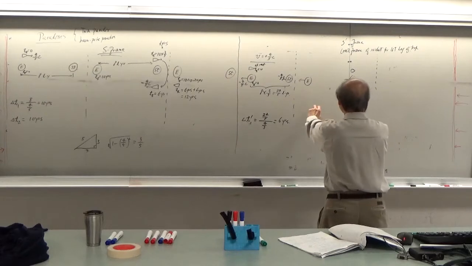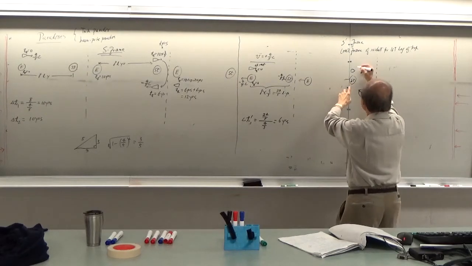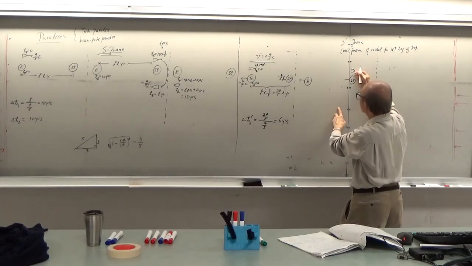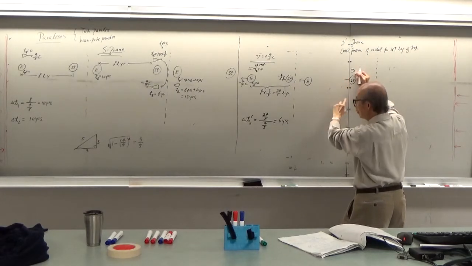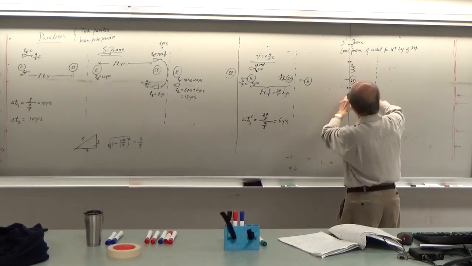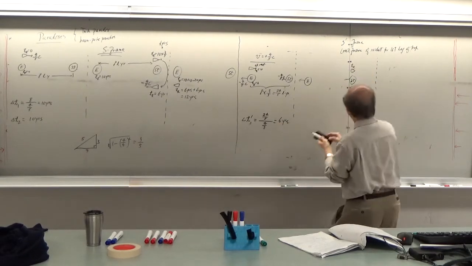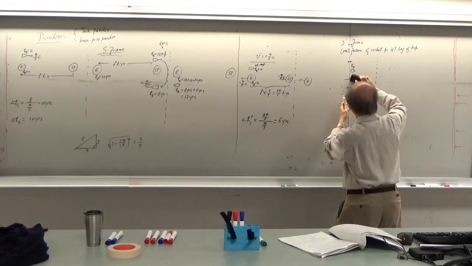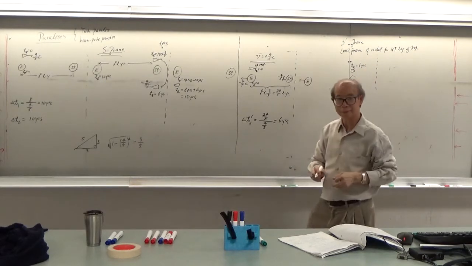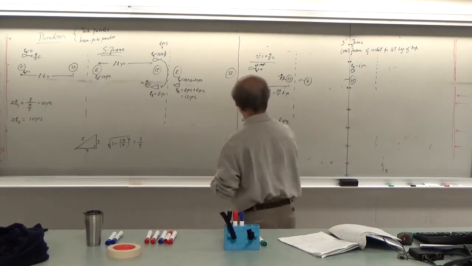Now, the rocket ship's clock, since it's at rest in this frame, reads 6 years when the star gets to the rocket ship. All right? So far so good.